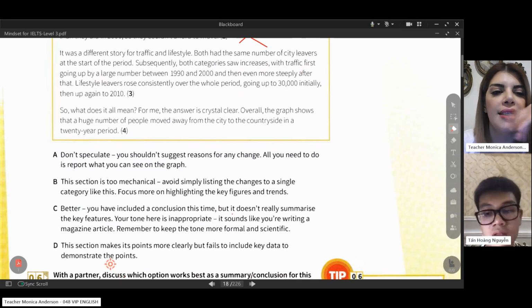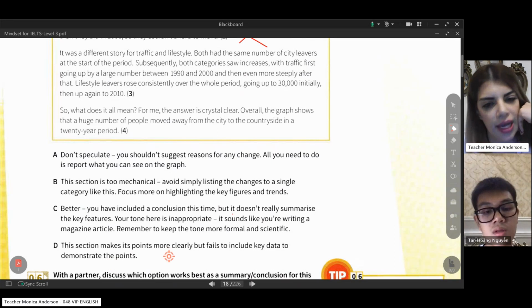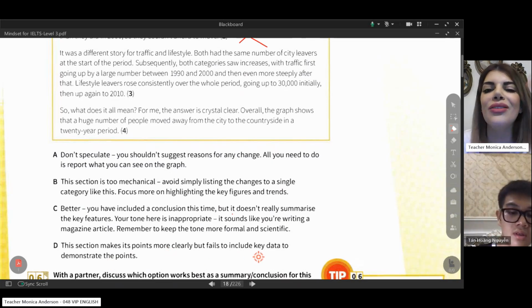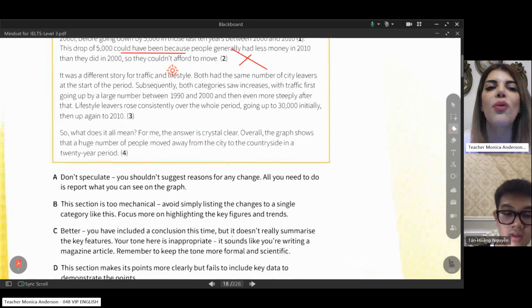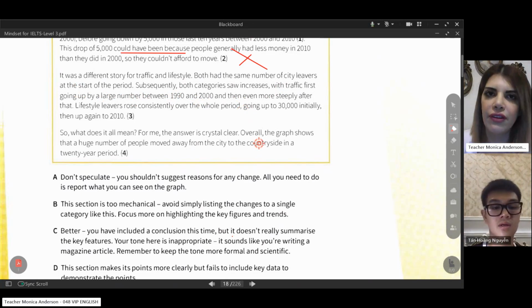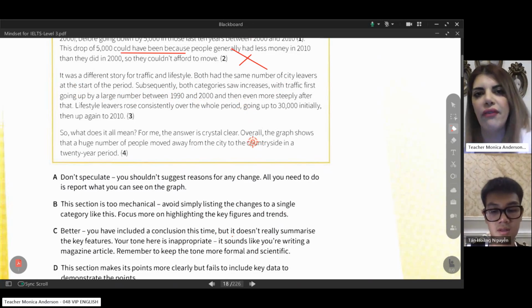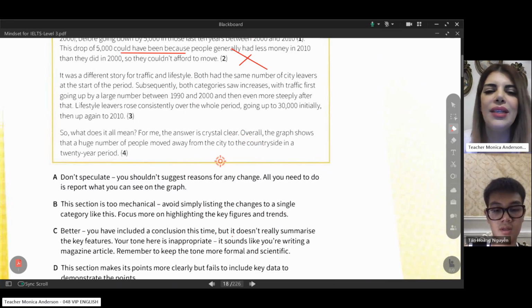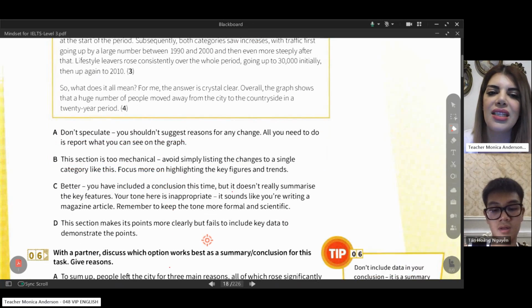Yes, the section makes its points more clearly, but fails to include key data to demonstrate the points. As you can see, it was a different story for traffic and lifestyle. Both had the same number of city livers at the start of the period. It's good, but not enough. So it can be clear, but it needs more detail. So yes, we can consider it as D.